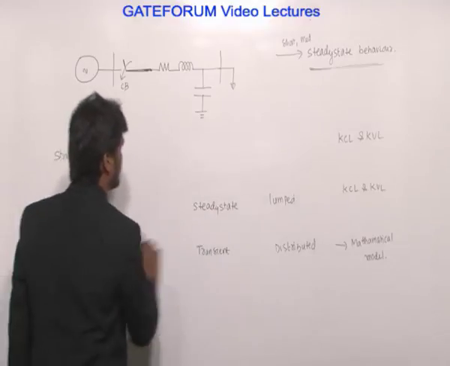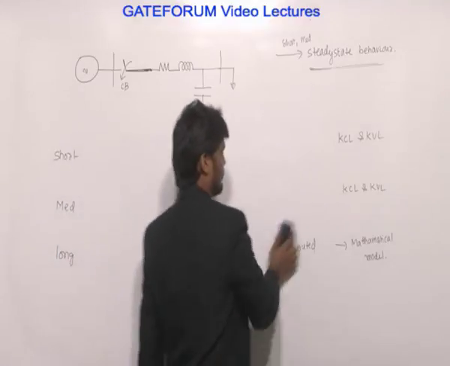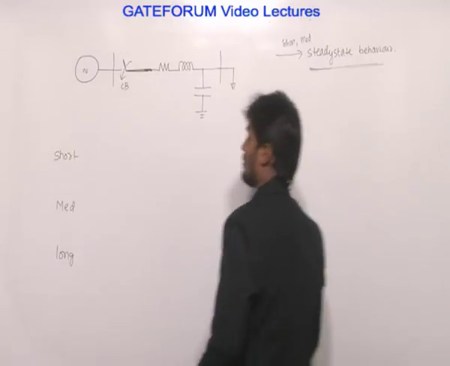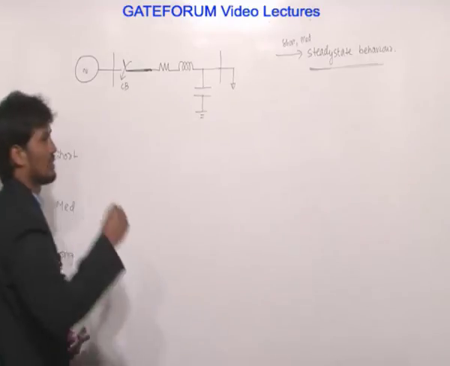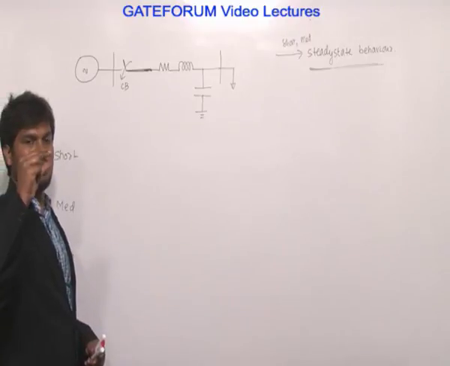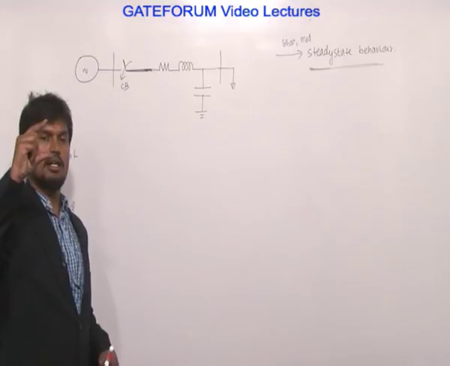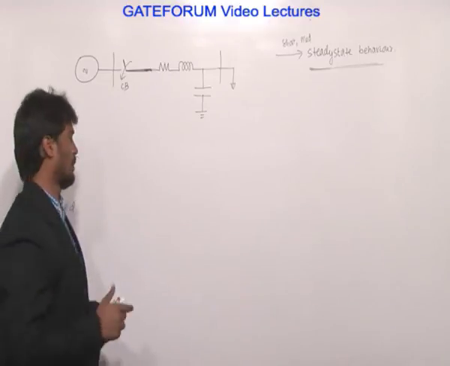Now one more analysis. In the short transmission line, the size of the conductor is small, so the area of the conductor is also less. The long line deals with high voltage, so definitely the area of the conductor is more.